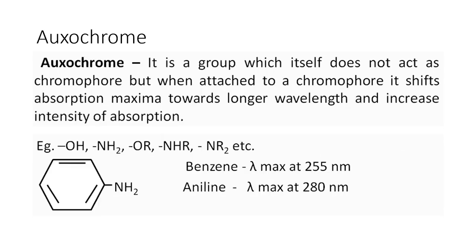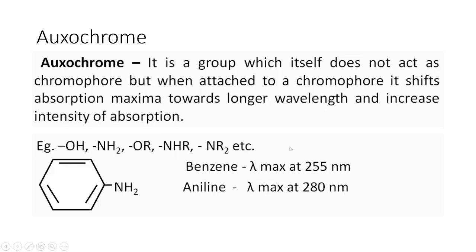And now the auxochrome. An auxochrome is a group which itself does not act as a chromophore, but when attached to a chromophore, it shifts the absorption maxima towards the longer wavelength and increases the intensity of the absorption.